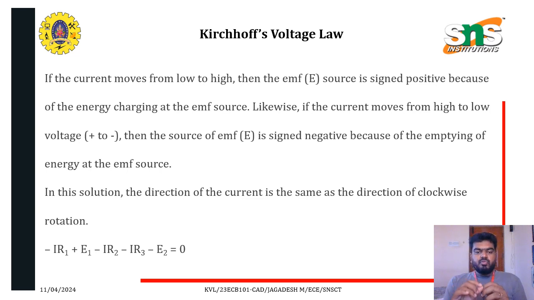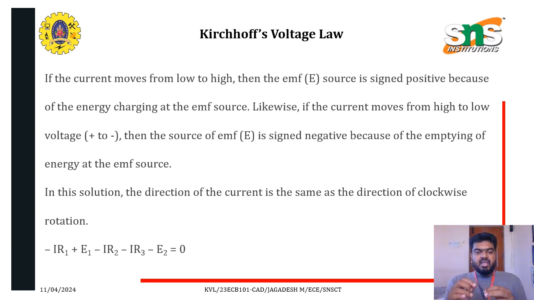If the current moves from low to high, then the EMF source E is signed positive because of energy charging at the EMF source. Likewise, if the current moves from high to low voltage, that is positive to negative, then the EMF source E is signed negative because of the emptying of the energy at the EMF source. In this solution, the direction of the current is the same as the clockwise rotation.